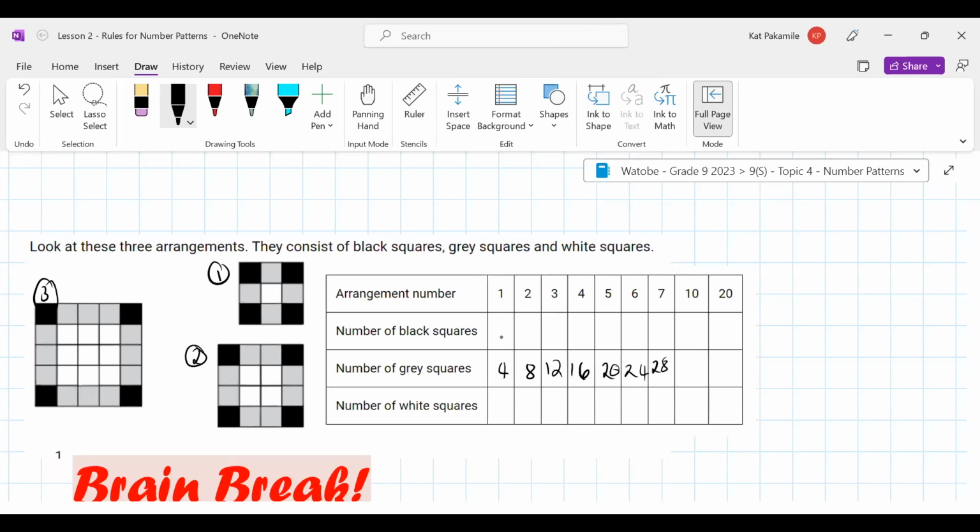What is our rule relating to the sequence number? You told me the constant difference is how much? 4. 4. So your constant difference is your multiplier. That means we're going to say 4 times 1. What's the answer that we want?